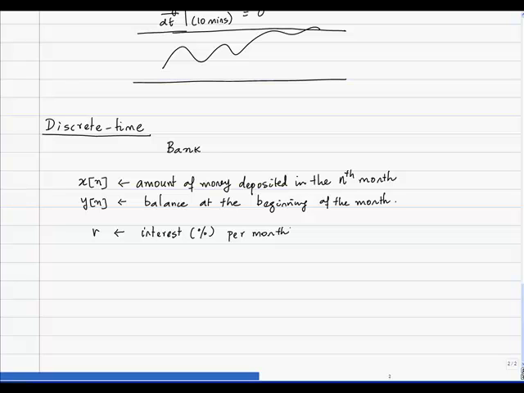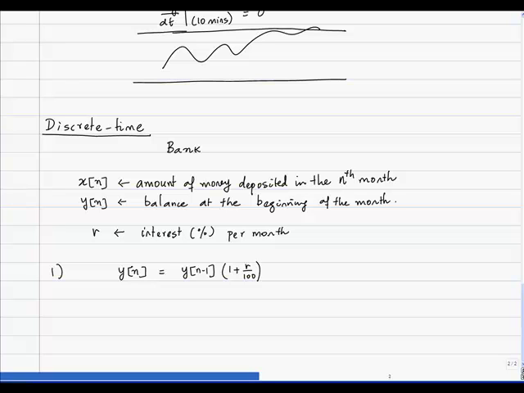Okay. Then you could write a relationship between x of n and y of n. What is y of n? There are two ways to write this. One way to write it is as follows. You can say, well, I had y of n minus 1 last month, and then this generated an interest of r%.